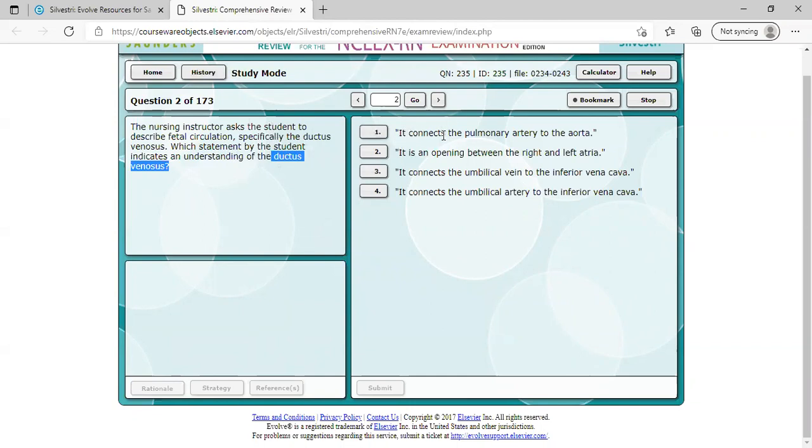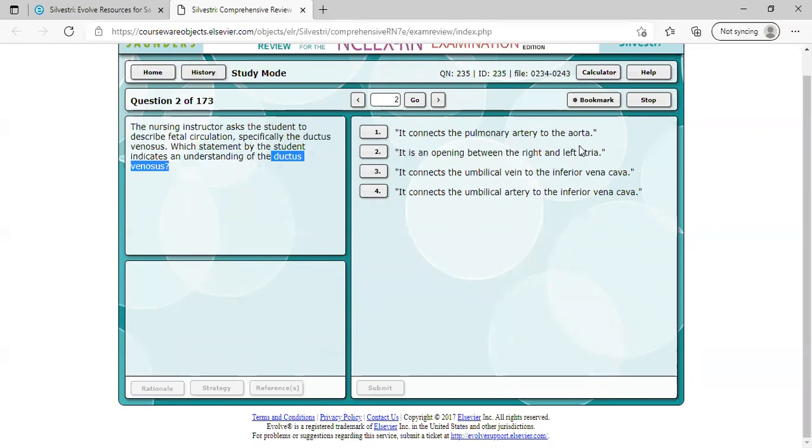Number one, it connects the pulmonary artery to the aorta, right? It is not true, because the ductus venosus connects the umbilical vein to the inferior vena cava. Number two, it is the opening between the right and left atria.